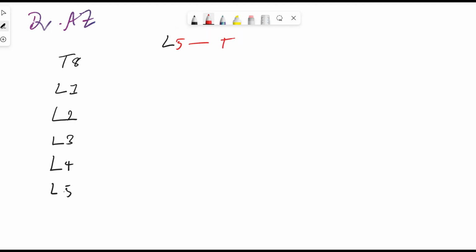So at every vertebral level there are tributaries.